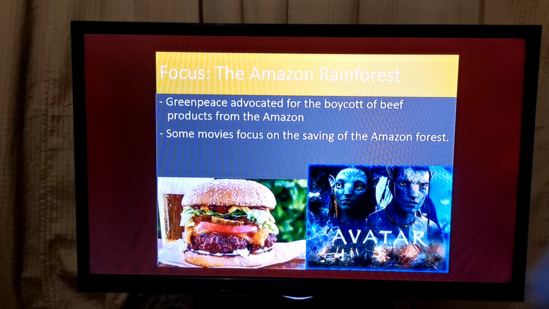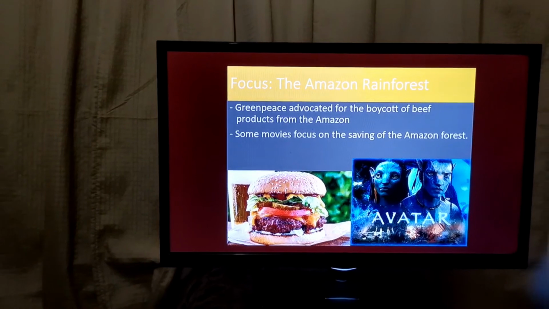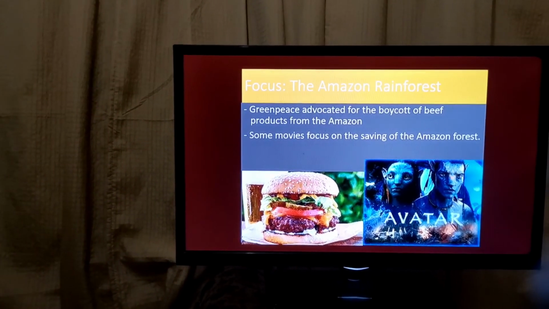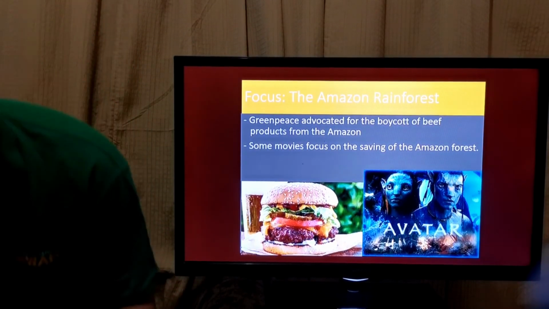So humans must stop destroying nature. All right. So that's the issue about South America. All right.